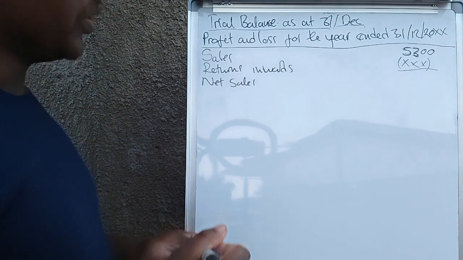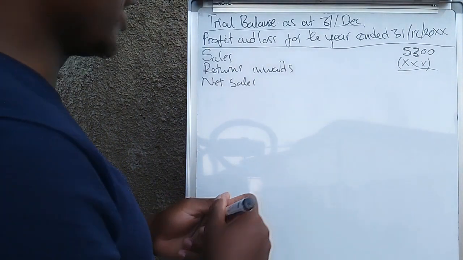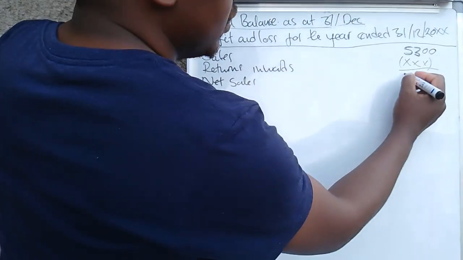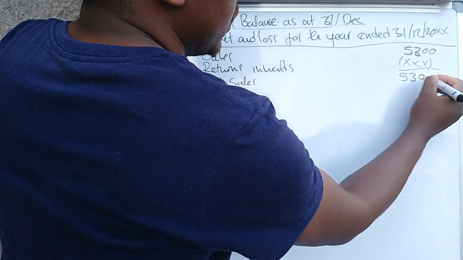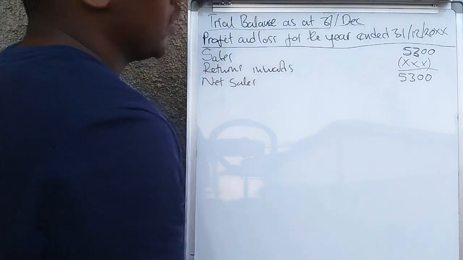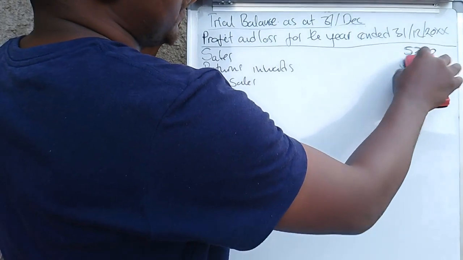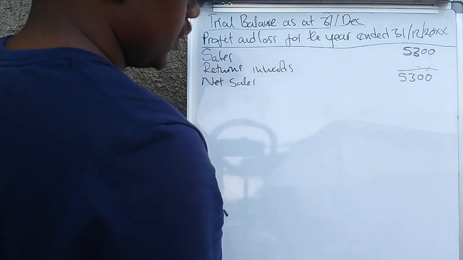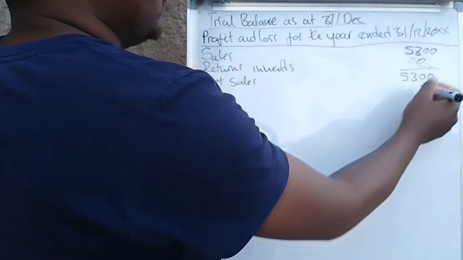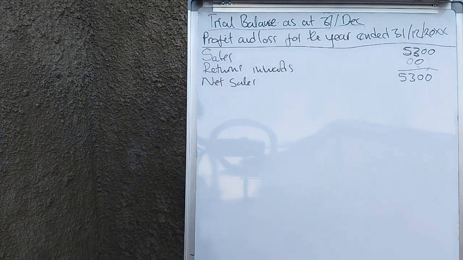In this case, we don't have that, so we won't write anything of this nature. So our net sales remains 5,300. Let's just assume that our returns inwards were 0. Let's put a 0. So we remain with 5,300 on net sales.